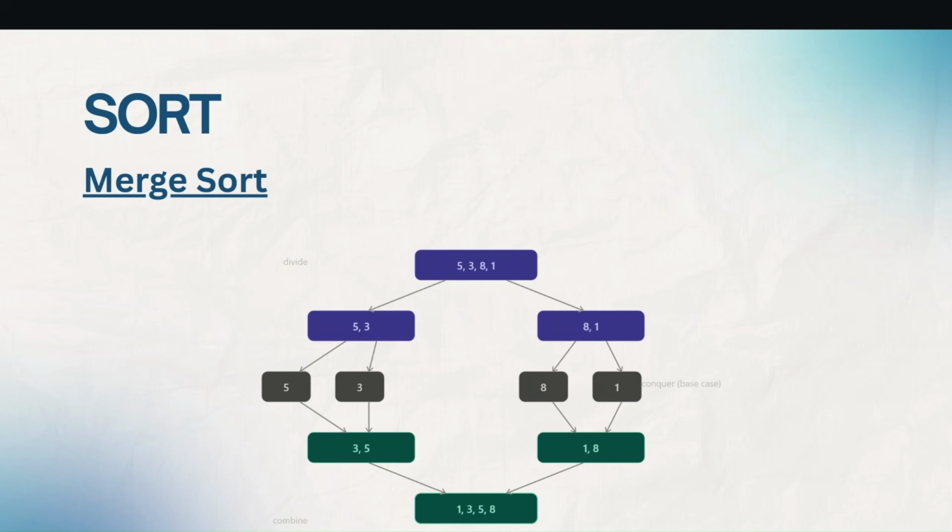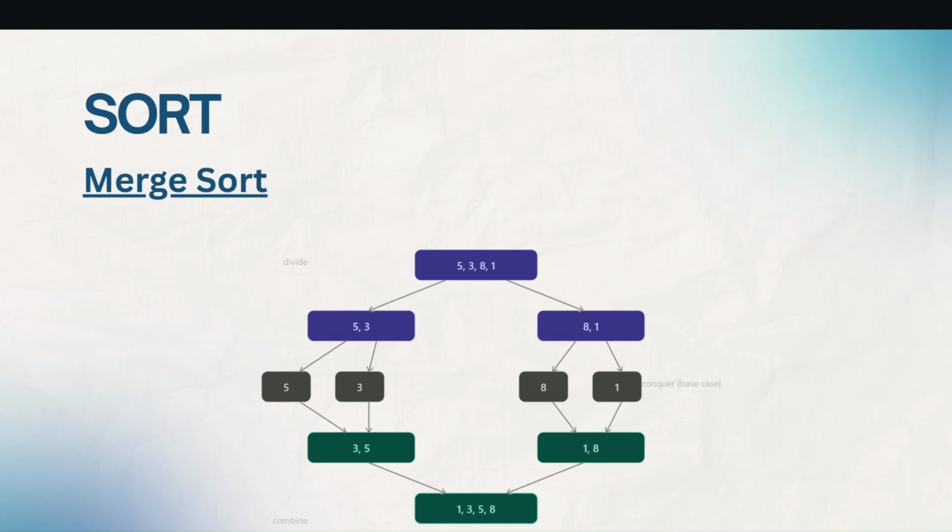Specifically, we are using merge sort and insertion sort, and each of them has its own job. Before we get any further, let's get to know what merge sort is. Merge sort works in 3 simple steps.